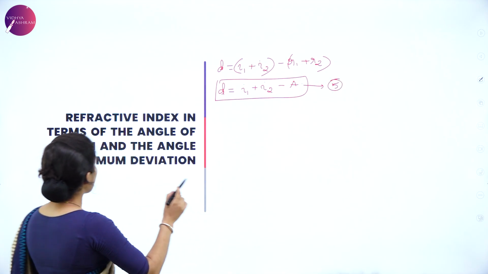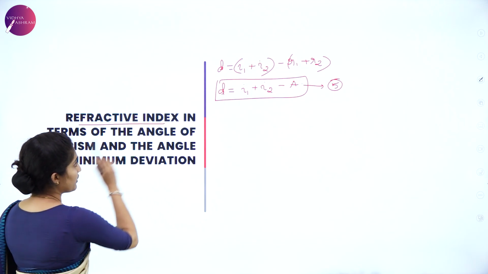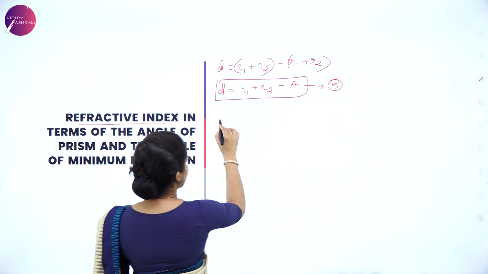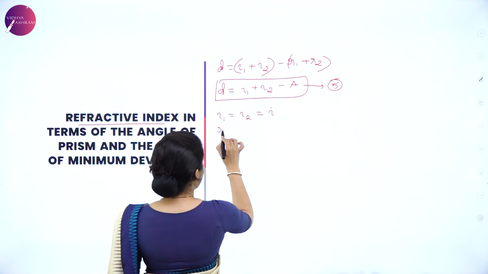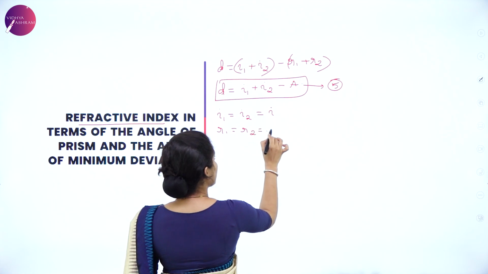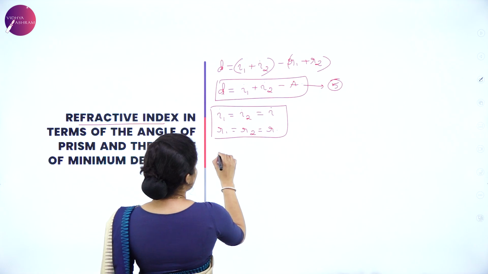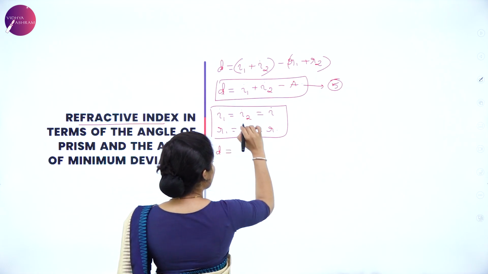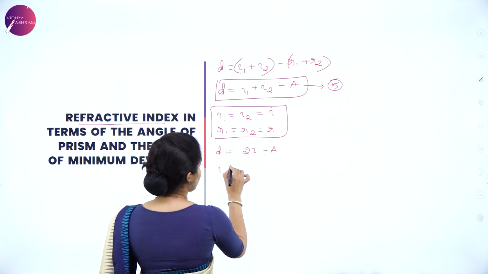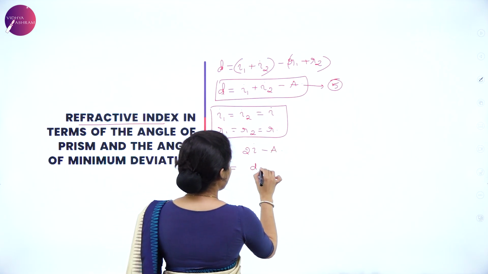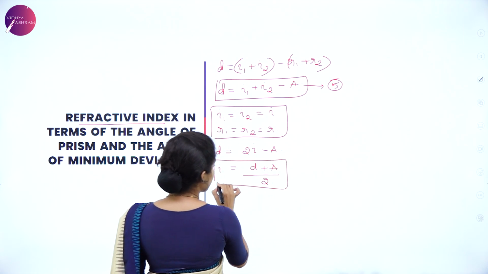But suppose you just have to check the angle of prism and angle of minimum deviation in terms of the refractive index concept. Then suppose I1 is equal to I2, both equal to I, and R1 is equal to R2, both equal to R. Using this condition we can write D is equal to I plus I, that is 2I minus A, and I becomes equal to A plus D divided by 2.